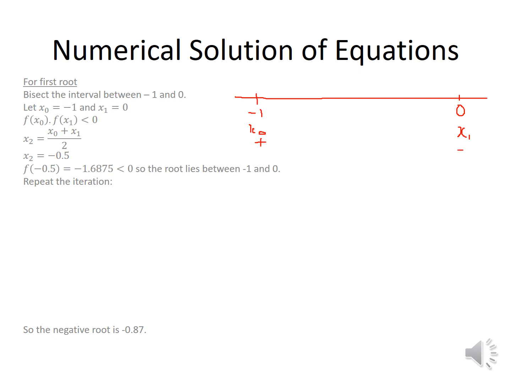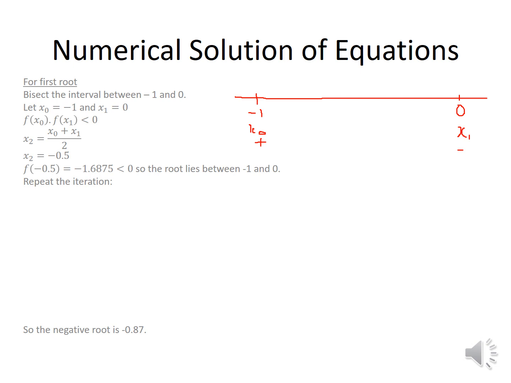You can see the sign plus minus, so meaning that the root is between negative 1 and 0. So f(x0) multiplied by f(x1) is a negative value, because 1 multiplied by negative 2 is negative 2.